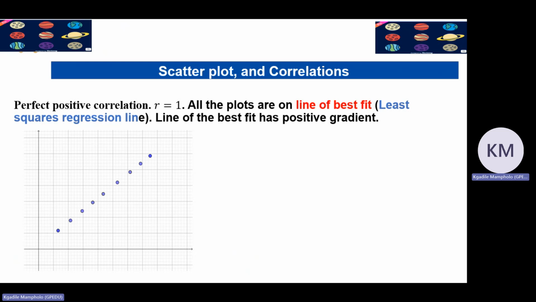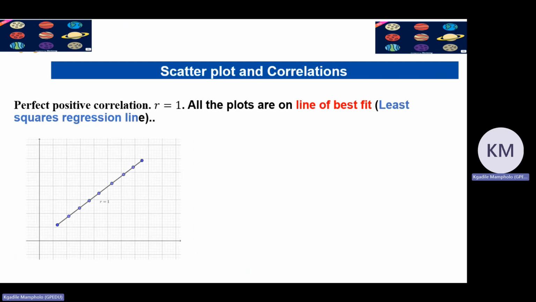For instance, if I draw the line, you see that all the points are on the line. So if you are required to determine the correlation, you'll say there's a perfect positive correlation.